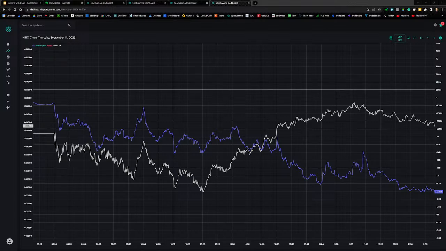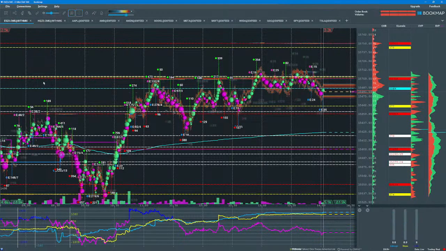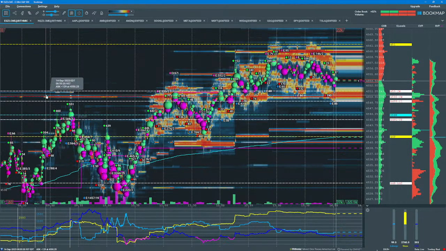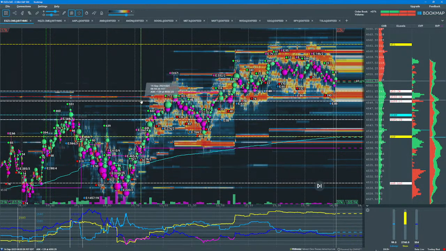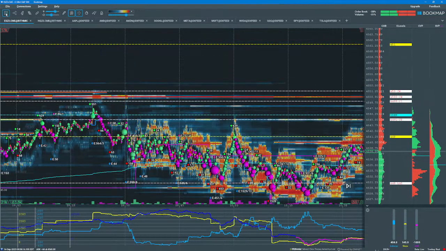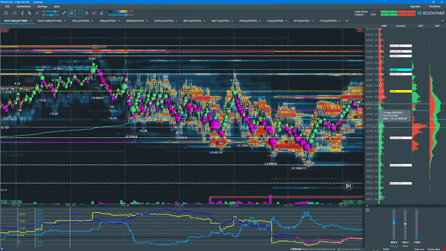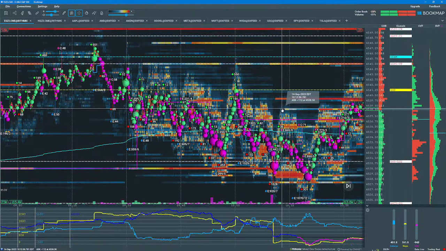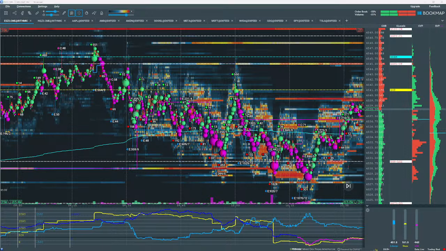Let's go take a look at Bookmap. Let's go back to ES. Let's zoom in. So not knowing what was going to happen for the rest of the day, seeing options traders taking negative delta positions, and price trading up right to the upper daily expected move.